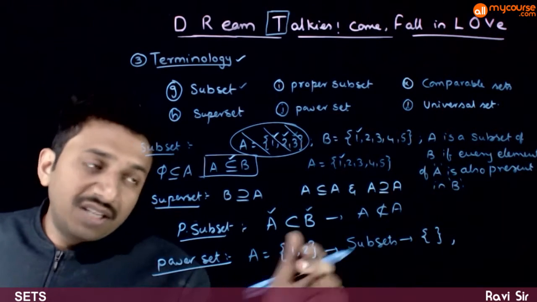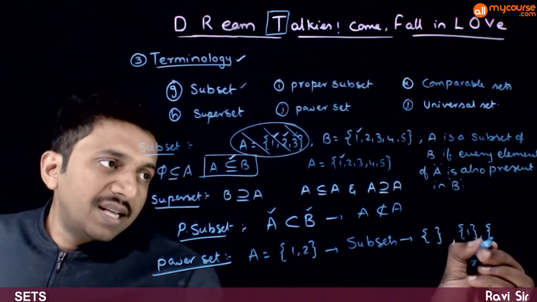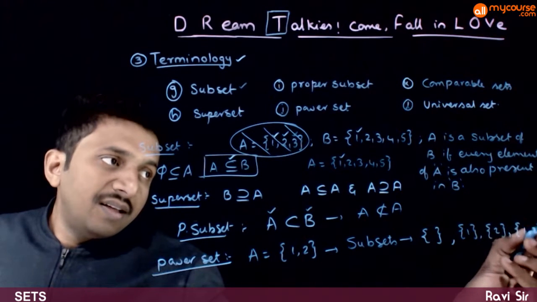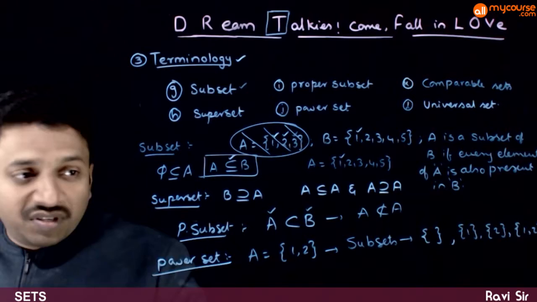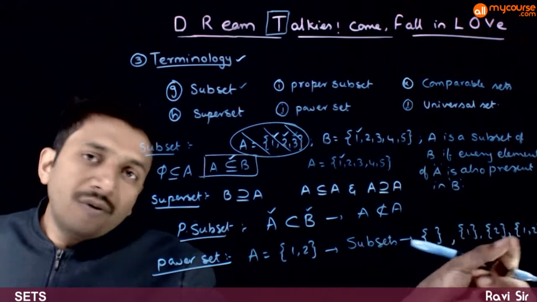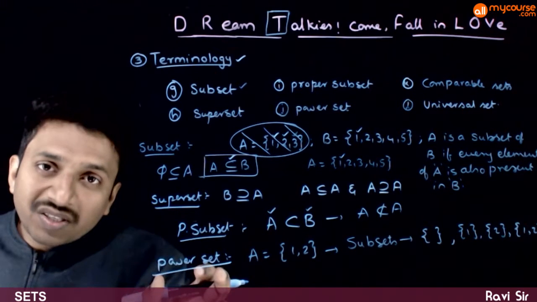So one of the subsets is the empty set. Next you have a subset containing a single element 1, a subset containing a single element 2, and a subset containing 2 elements, which is itself. So if you take a set {1, 2}, there are 4 subsets. So what is a power set?